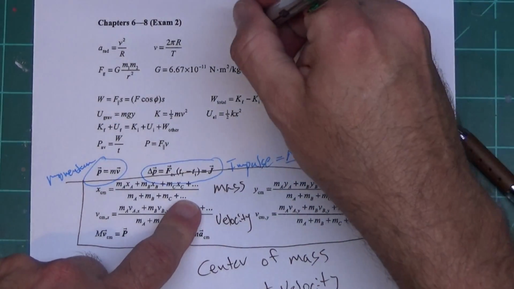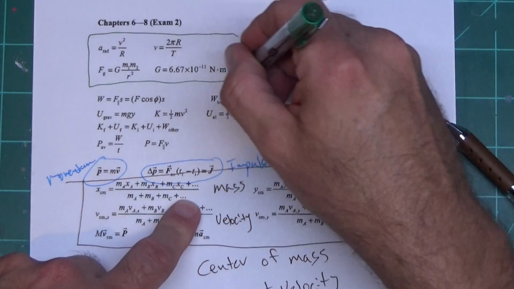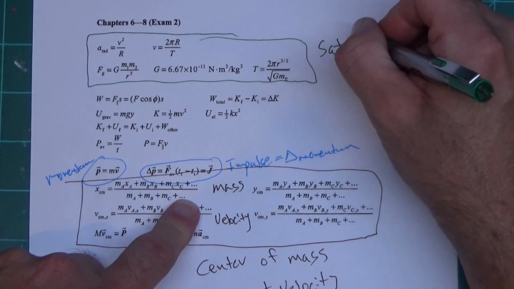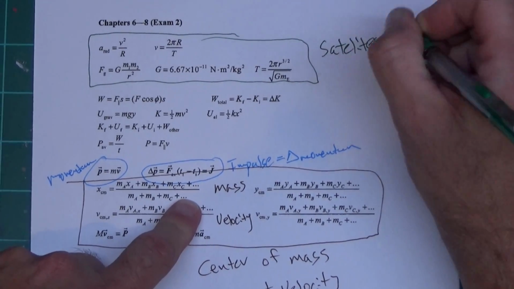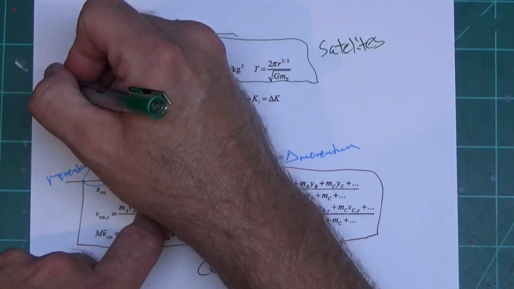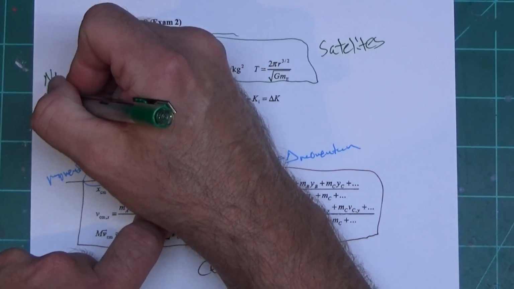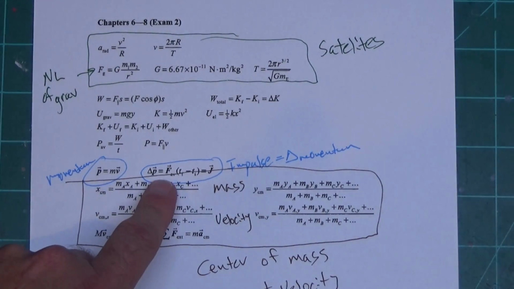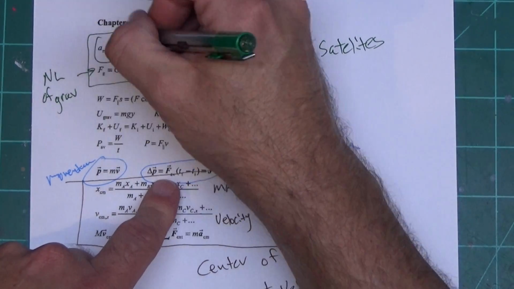And up here, at the top, this is satellites, which I just misspelled on camera, but that's okay. Newton's law of gravity is right there. Here's centripetal acceleration.